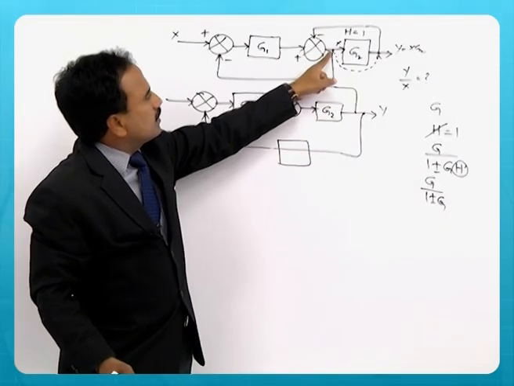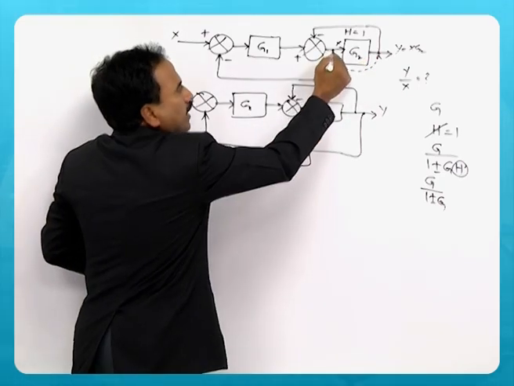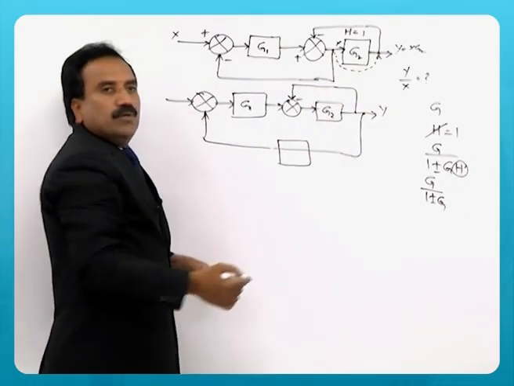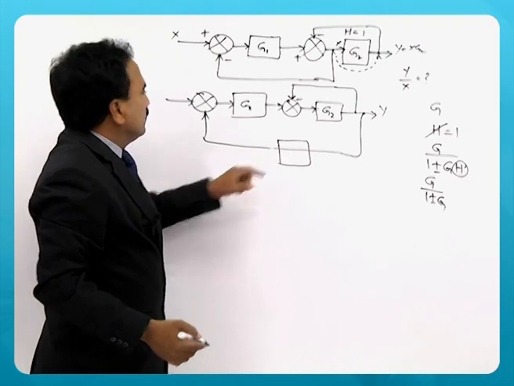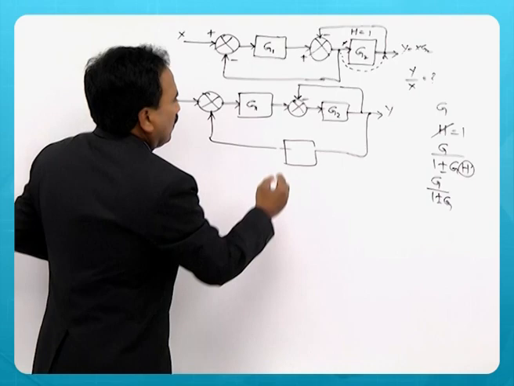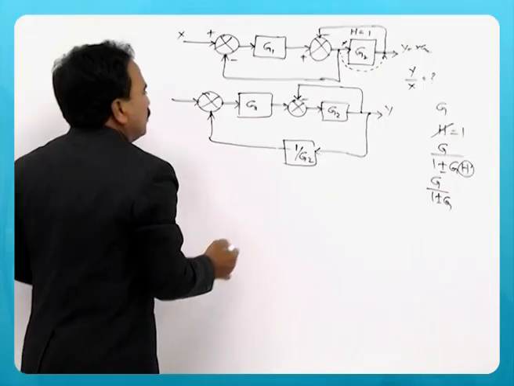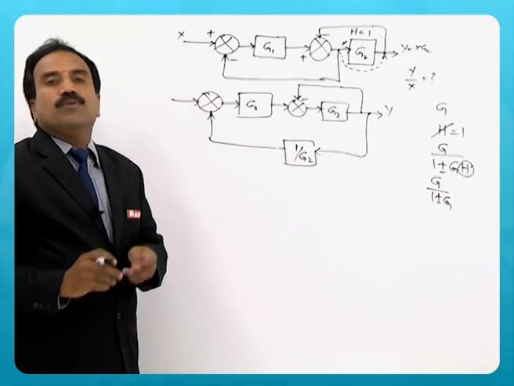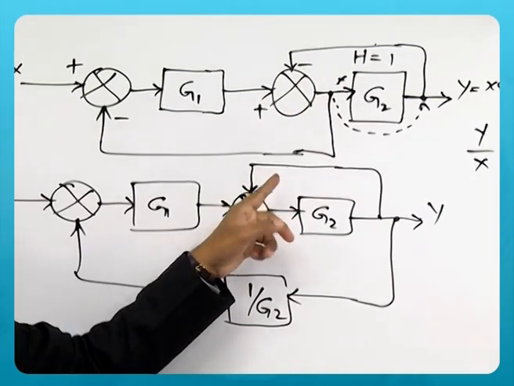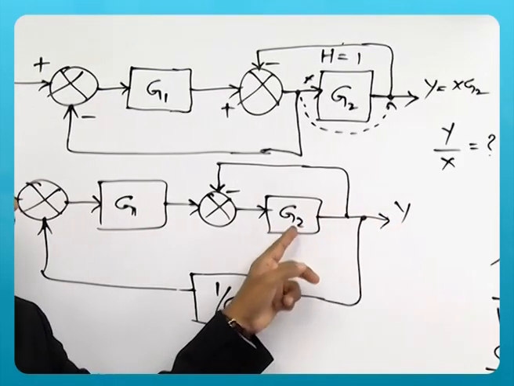So when I am shifting this takeoff point from here to here, the signal was X here, but here it is G2 times X. So I must use a block of 1 by G2 so that the output remains the same, because the takeoff point output is X here, but when I am shifting this after a block, the gain available here is multiplied by G2.